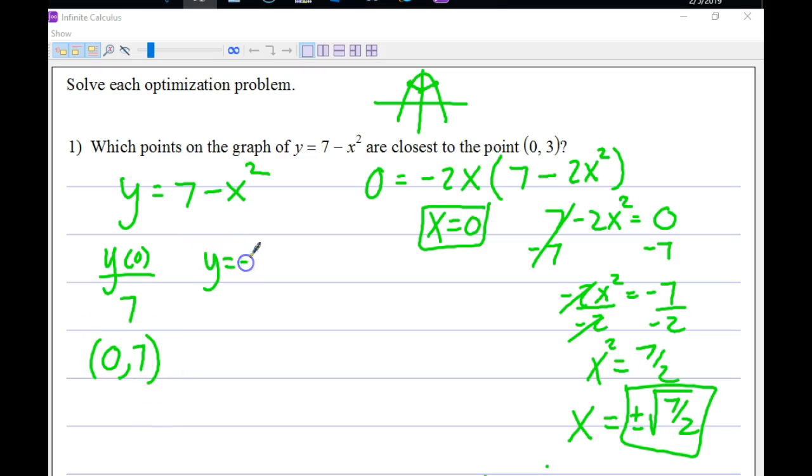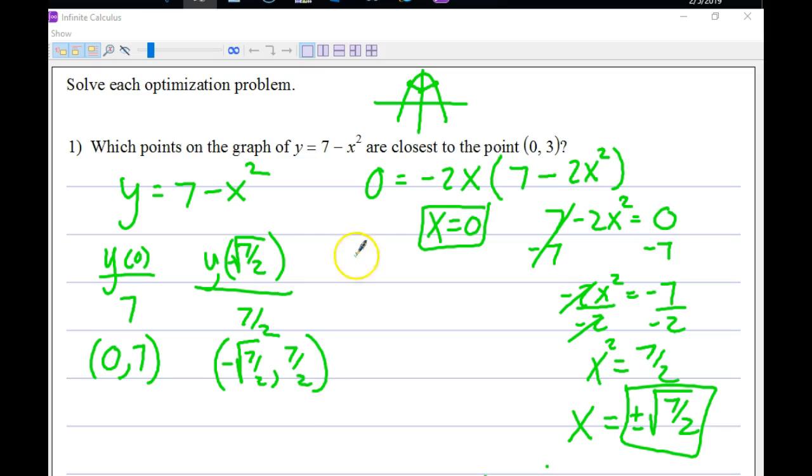If we plug in negative square root of 7/2, that's going to be 7 minus 7 halves, which is 7 halves. So we would get negative square root of 7 halves, comma, 7 halves. And then finally we have our third possibility, positive square root of 7 halves, which is going to give us the same exact answer if you plug it into the original there.